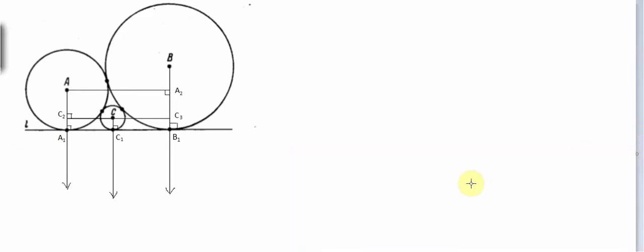Here we will prove that A1B1 square is equal to 4AB. Now again we draw a line like this connecting A and B, and we notice that A1 B1 is equal to A2.